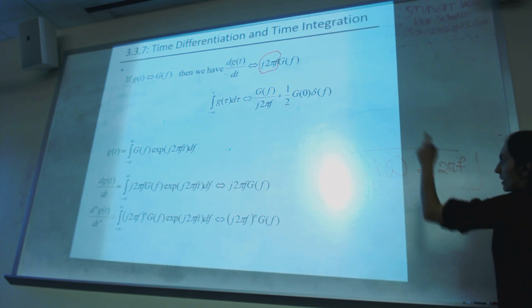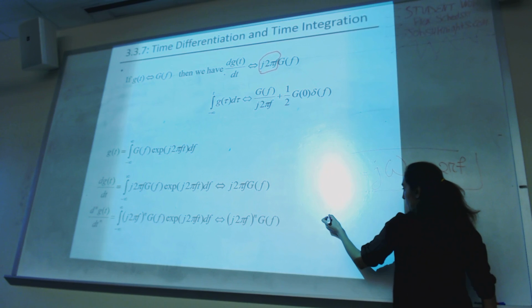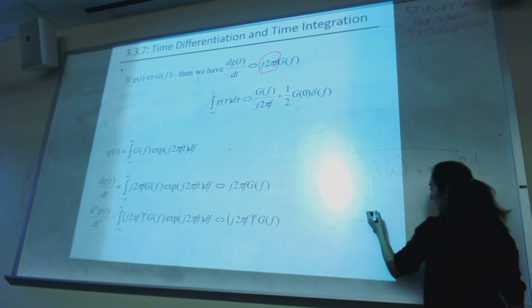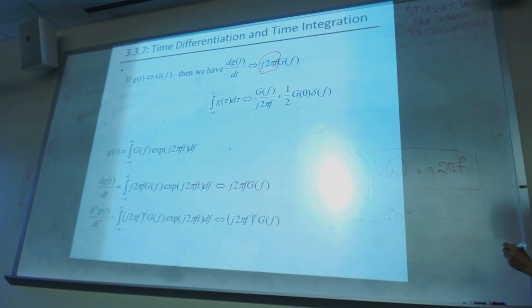So in the second class, when you had the derivative, it was s times G(s). Who remembers this?